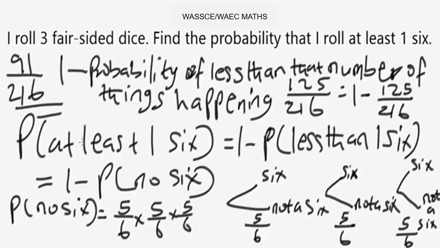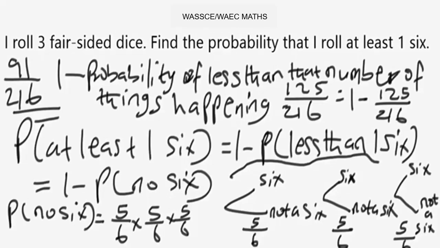So basically this is how you can deal with at least problems of probability. Make use of a tree diagram to do it, just as I have illustrated here. The main idea is to subtract the probability of less than that number of things happening from 1. So this is basically how you can deal with problems involving conditional probability and at least probability.